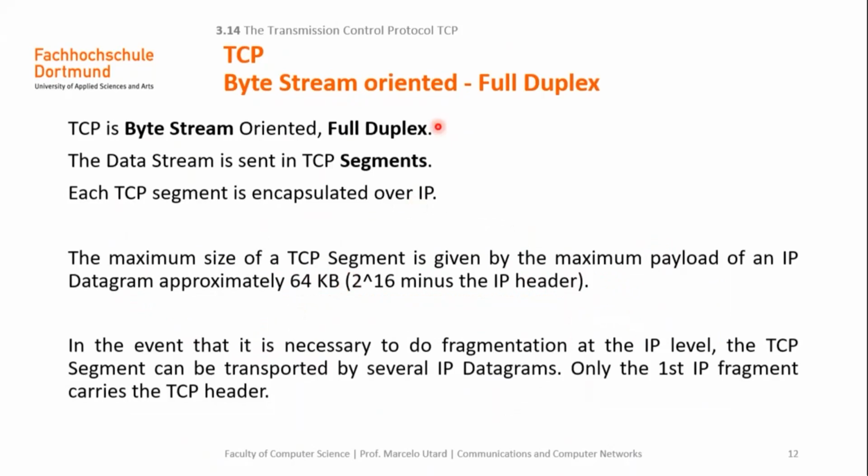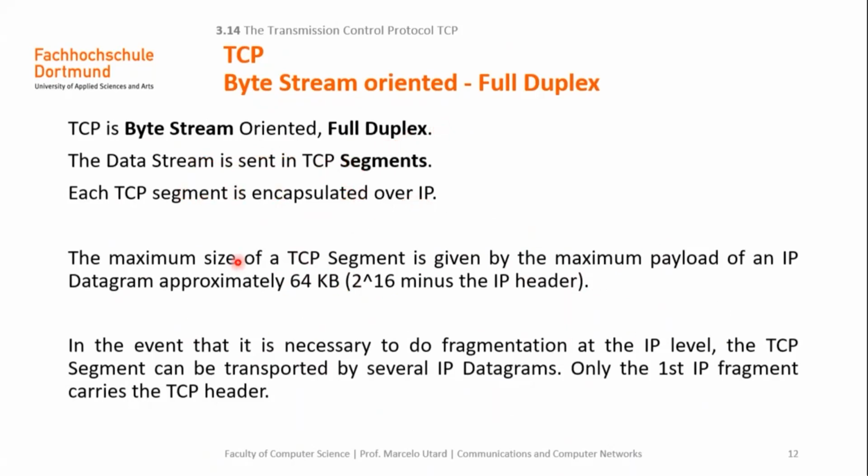We need to clarify the concept of byte stream oriented and full duplex of the TCP protocol. TCP is byte stream oriented, full duplex. The data stream is sent in TCP segments. Each TCP segment is encapsulated over IP.